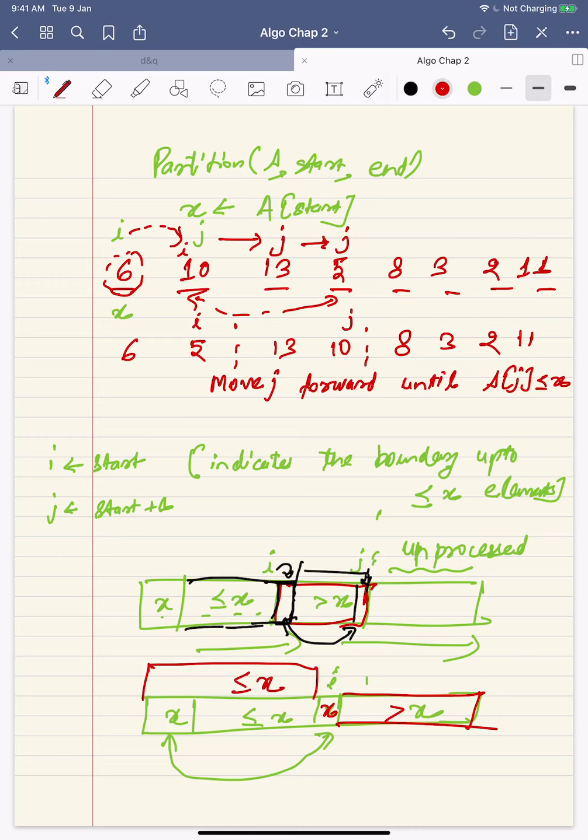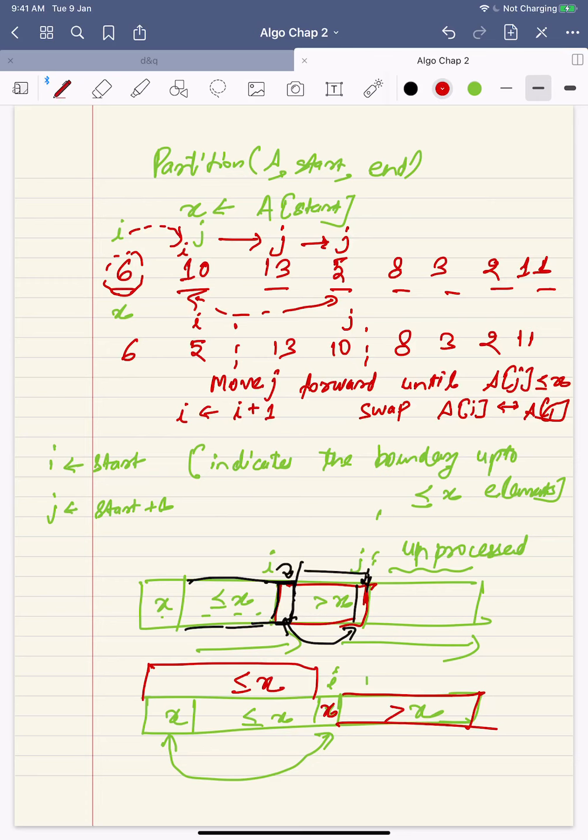So what I do, move j forward until I find aj is less than equal to x, then I move I forward by 1 and swap. So you see ai and aj, you swap. So now you have your new I, your new j, and continue like that.